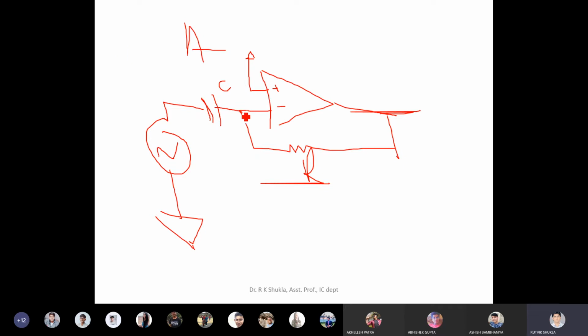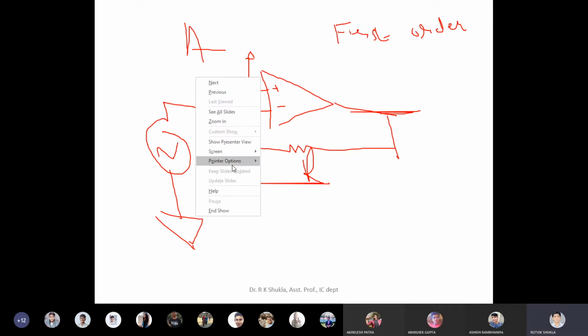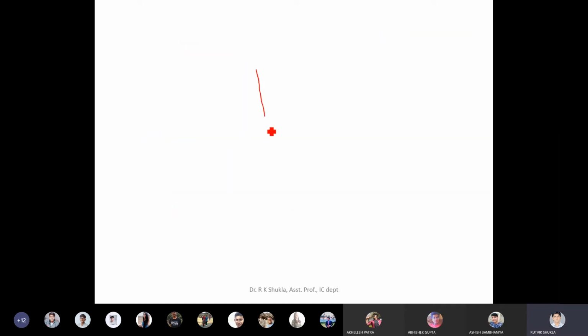So suppose this is one of the filters, and suppose this is a first order filter, while it is using only one RC component. This is the first order filter, for example, because I am using only one RC circuit. So I'll draw it again so it becomes easier for you to understand.